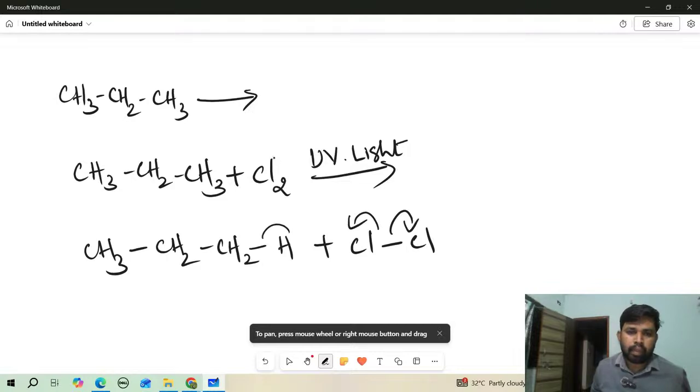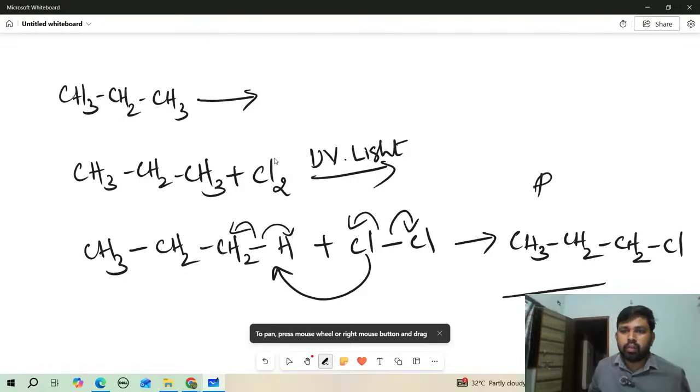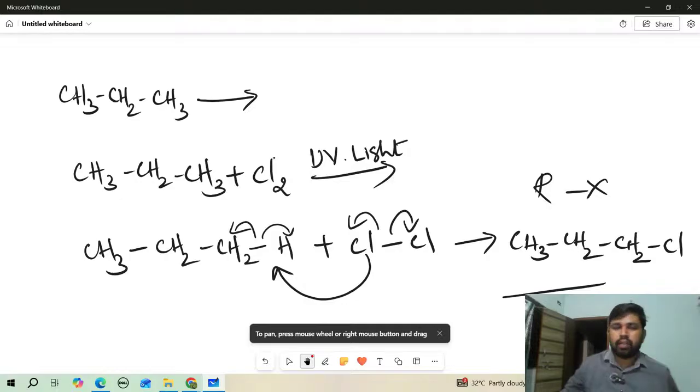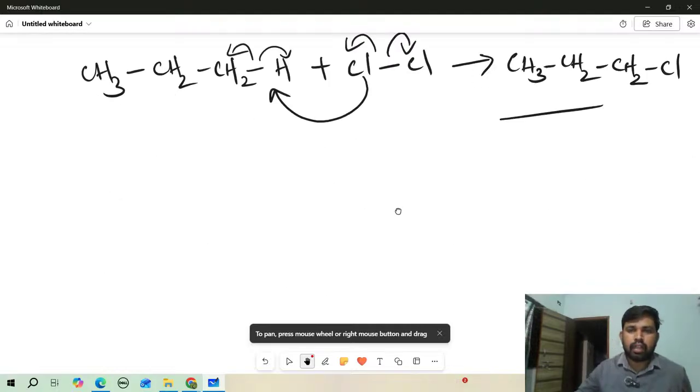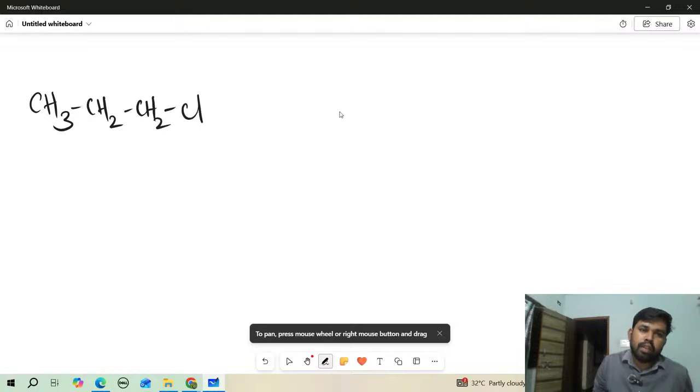It replaces this hydrogen and forms CH3CH2CH2Cl. Now we have got it in the form of an alkyl halide. Later, to this alkyl halide, CH3CH2CH2Cl, they add a strong alkali like NaOH.